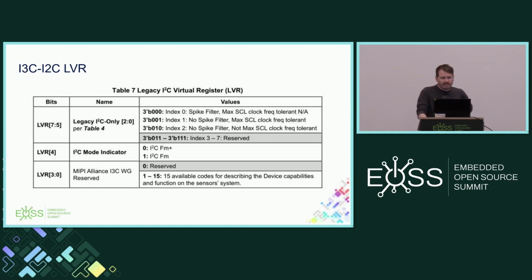So the upper 3 bits define if it has a spike filter and if it is max SCL clock frequency tolerant. And the 4th bit defines if it supports fast mode plus or if it's just a fast mode only device. So it knows. This is used when it's broadcasted out to other devices to know what speed it can support.